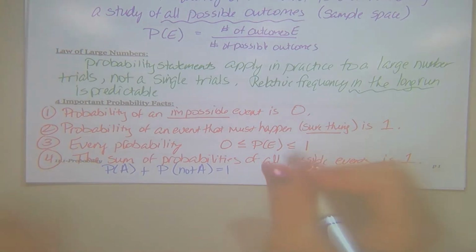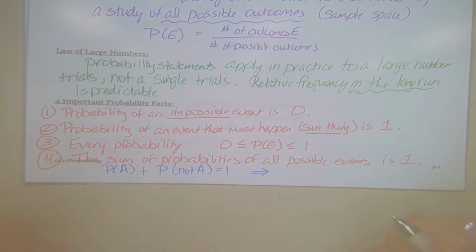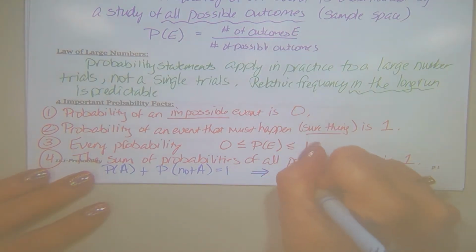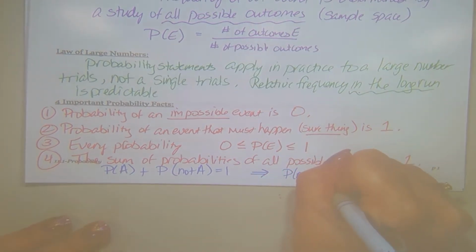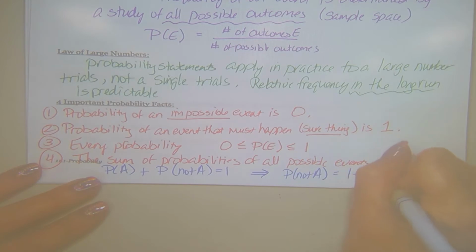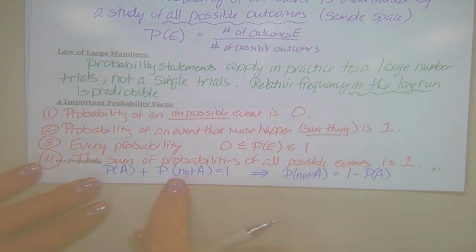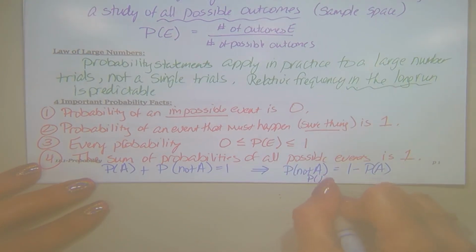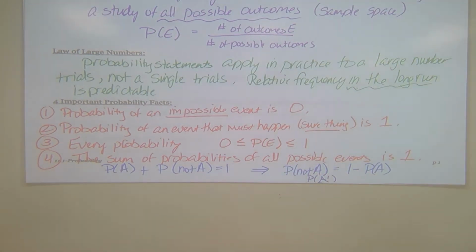Nothing is left out. And from that, we can say, therefore, the probability of not A is 1 minus the probability of A. So I just moved this probability of A to the other side of my equation. And remember, we can say not A as A prime or the complement of A.